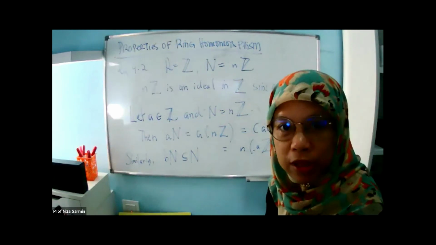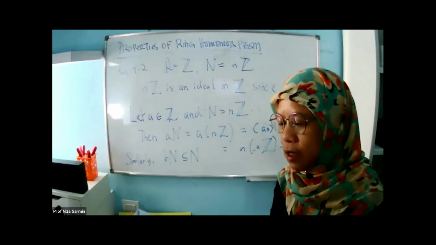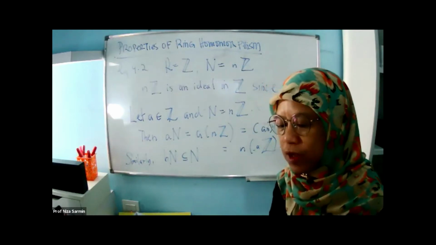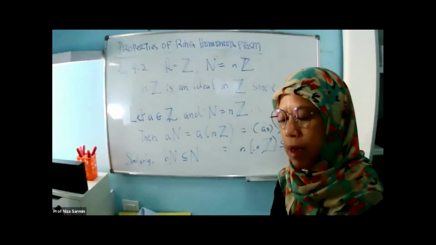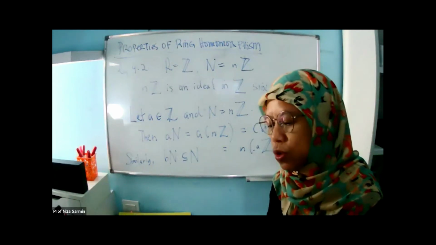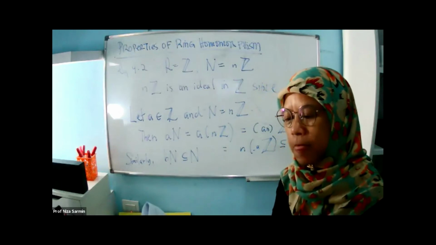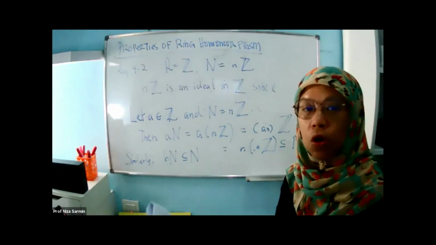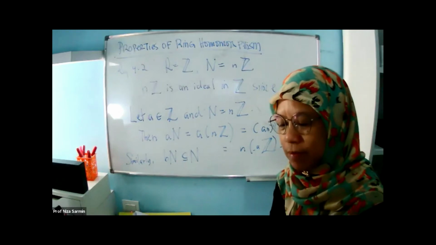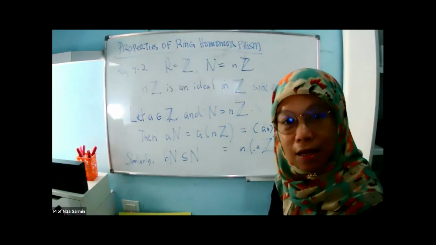Example 9.3. You have F is the ring of all functions mapping real numbers to real numbers, and C is a subring of all constant functions. Is C an ideal?